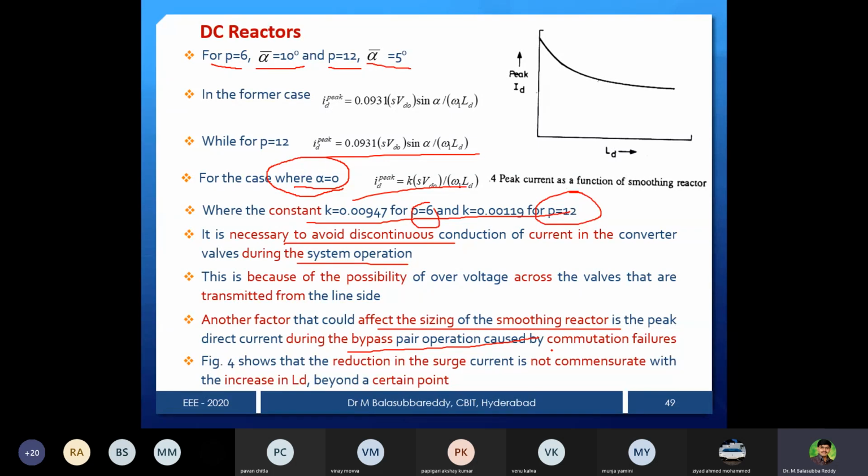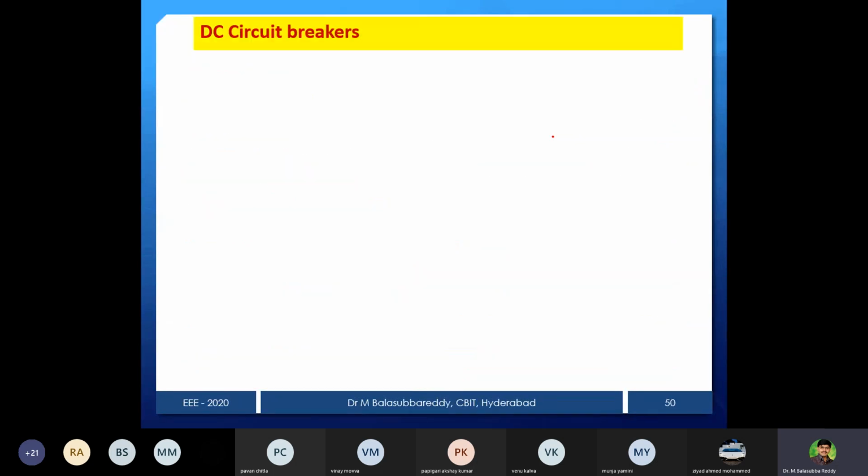You can see in the diagram that the reduction in the surge current is not commensurate with the increase in LD beyond a certain point. The peak current value decreases by increasing the LD, and after some point it becomes nearly constant in nature. That's all about the DC reactor.